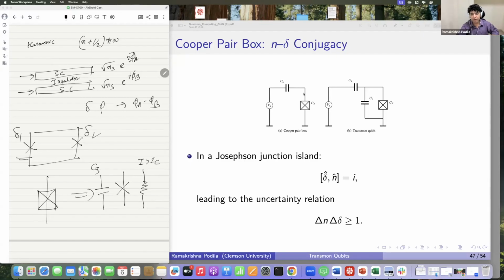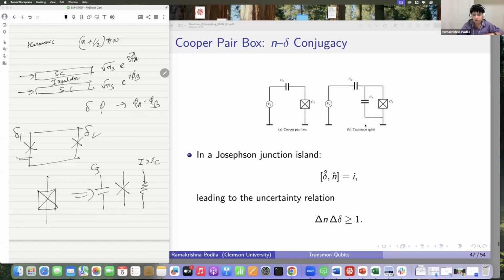But such a circuit is often sensitive to charge noise. So for a real transmon qubit, you have a shunt capacitance here. This second circuit is exactly the same as the first one, except you put in a shunt capacitance to basically shield it from noise.